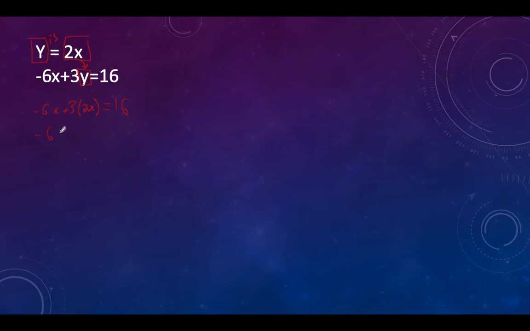You get -6x plus 6x equals 16. Am I doing that right? Yes. Then -6x plus 6x, you combine those because they're on the same side. You get 0 equals 16.